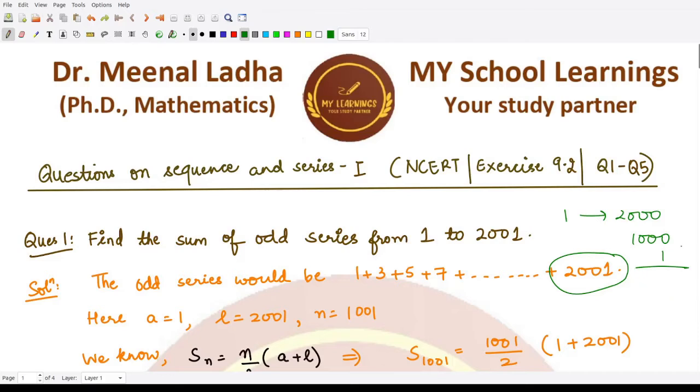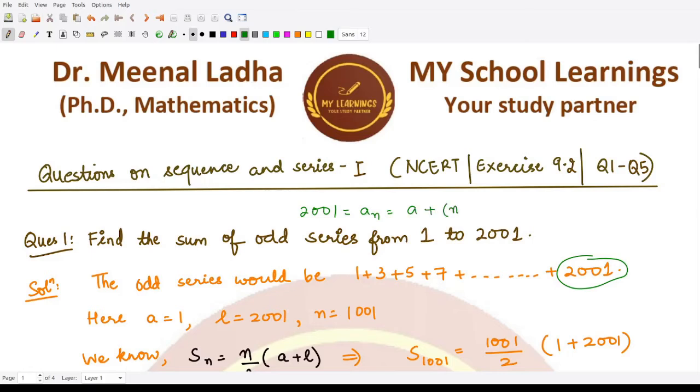Another way to do that is, suppose you are having confusion about calculating n, what else can you do? You can just use the formula for the last term. The last term is 2001, right, which is your an, and you need to find the value of n. You know the formula for an is a plus n minus 1 times d. What is the value of a here? a is equal to 1, right?